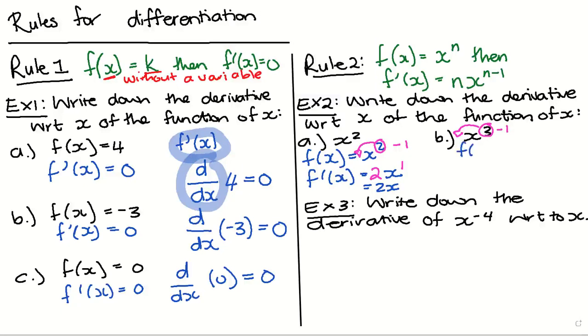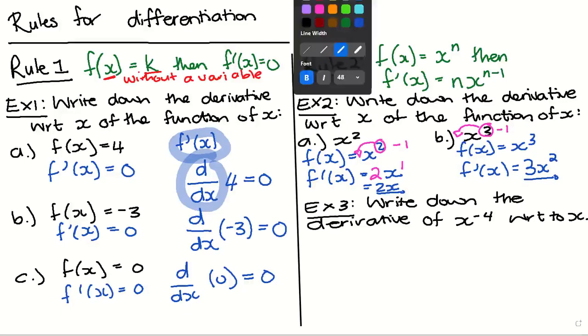If f(x) is equal to x cubed, then the derivative with regards to x is equal to, take that exponent, times it in the front, and we're going to minus 1 from it. 3x squared. That's my final answer. Quite easy, hey? Then it says, write down the derivative of x to the minus 4 with regards to x. Well, nothing has changed.